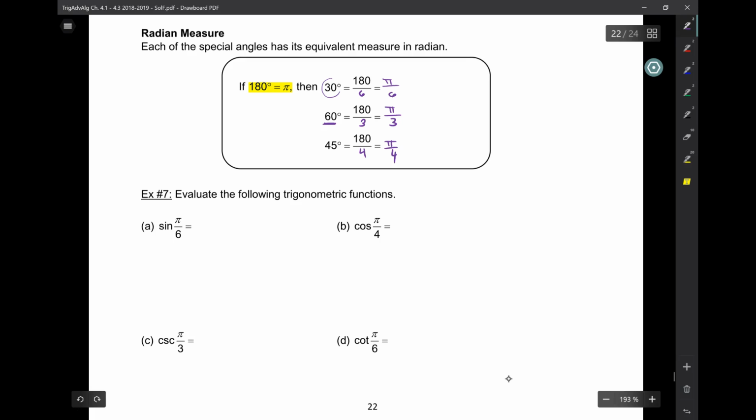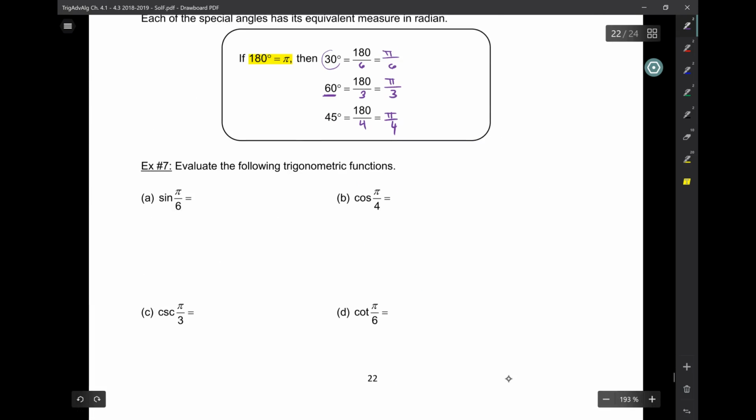So I will always do: 60 degrees, that's 180 over 3, so pi over 3. 30 degrees, that's 180 over 6, so pi over 6. Okay, questions?